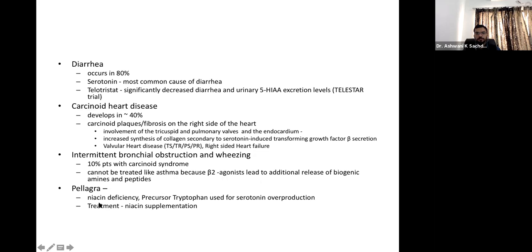Another symptom is pellagra, due to niacin deficiency. Usually niacin is made from the precursor tryptophan absorbed from the diet, but in carcinoid syndrome tryptophan is directed towards serotonin overproduction. Thus niacin deficiency occurs, and treatment is niacin supplementation.